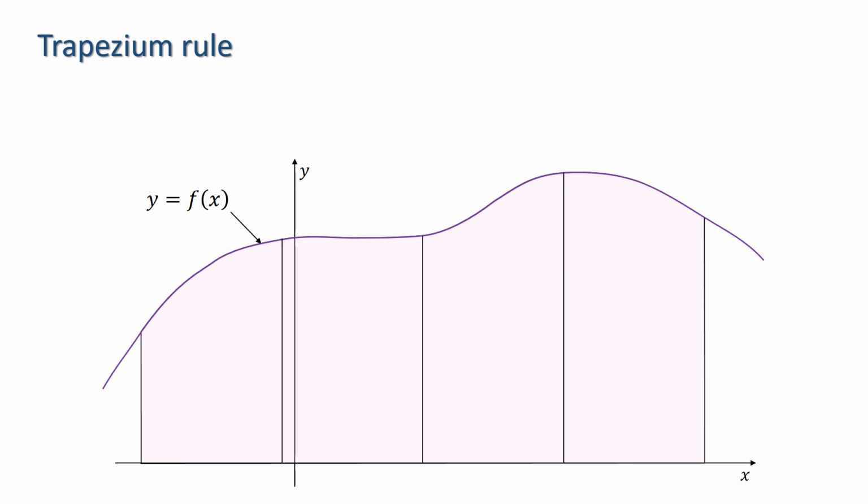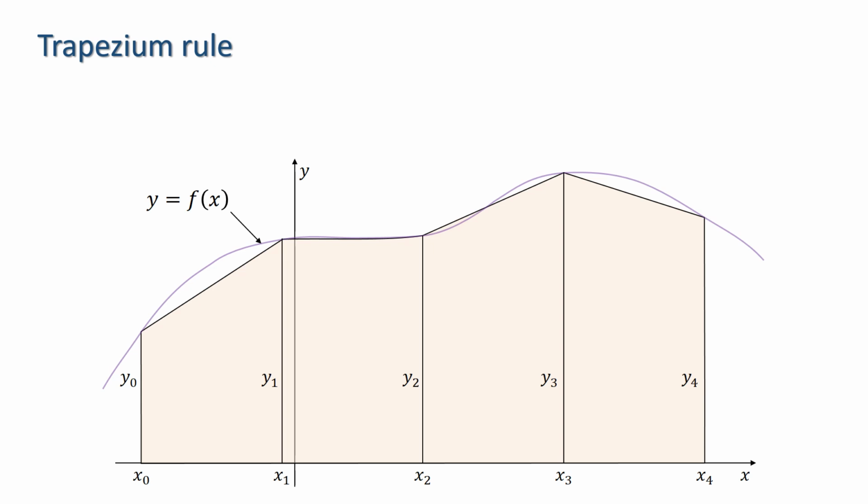Let's suppose that we have 5 x coordinates and 5 corresponding values of the function. We could approximate each of these areas using a trapezium, which has corners corresponding to the x values and the known function values. If we sum up the areas of the 4 trapezia, it provides an estimate of the area under the curve.